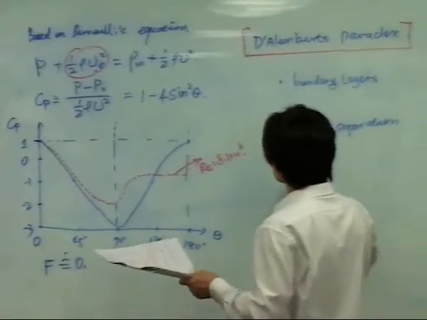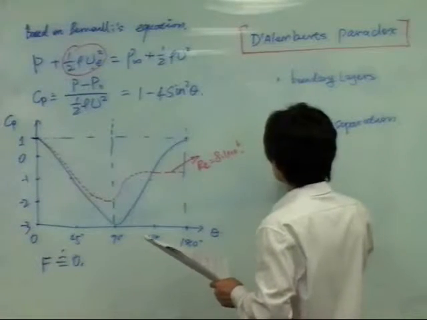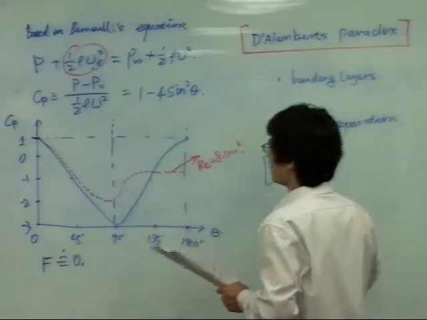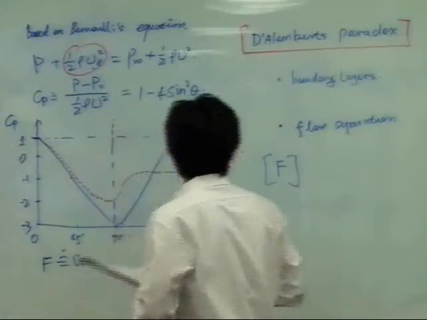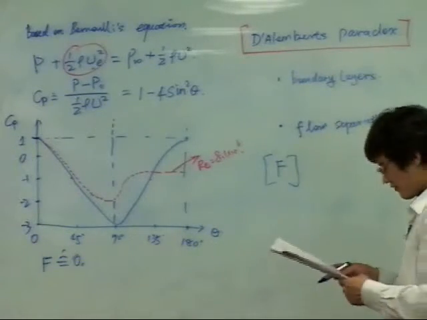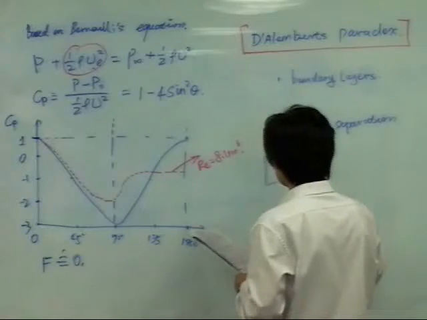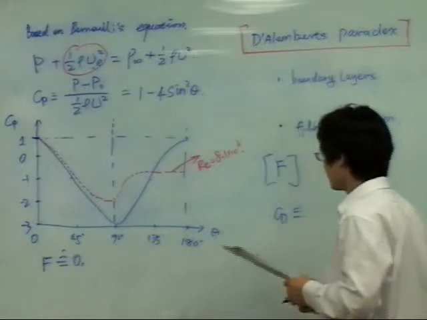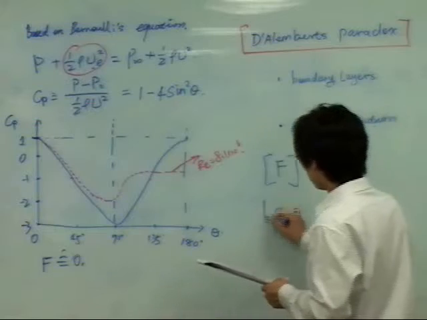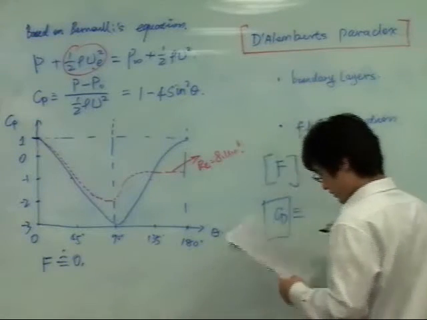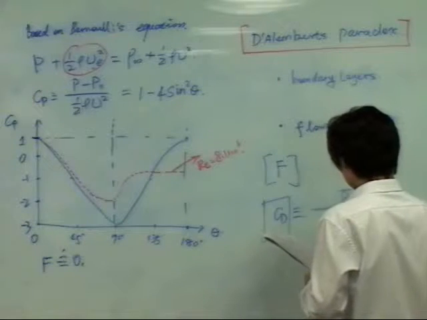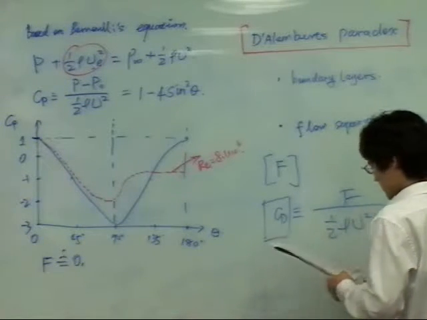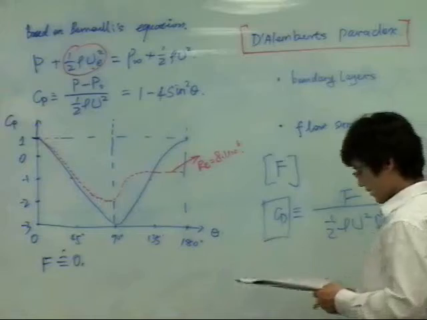Now if we measure the total force, I mean the drag force, the viscous force of this cylinder, and find its F, we can define the so-called drag coefficient. We have seen this symbol many times. This is the coefficient per unit length.